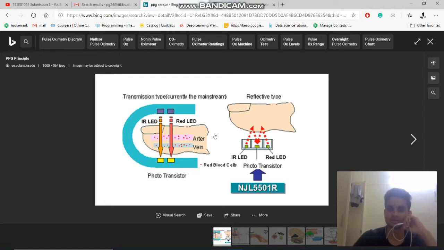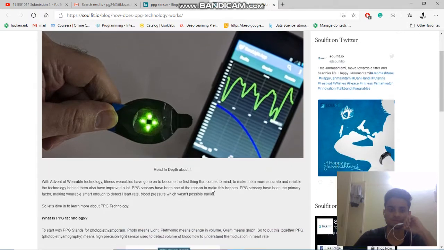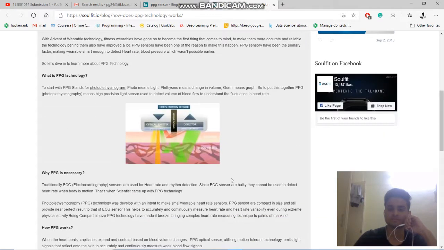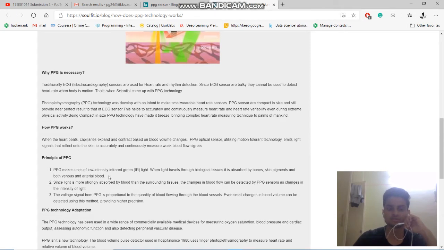So this here is a basic diagram of a PPG sensor. A PPG sensor is used to calculate the pulse rate. It stands for photoplethysmogram. How PPG works is it makes use of low intensity infrared light, green light.